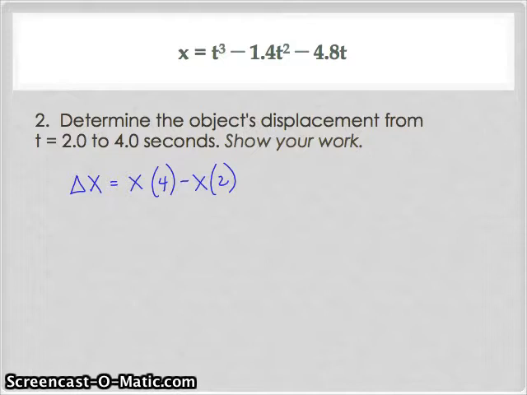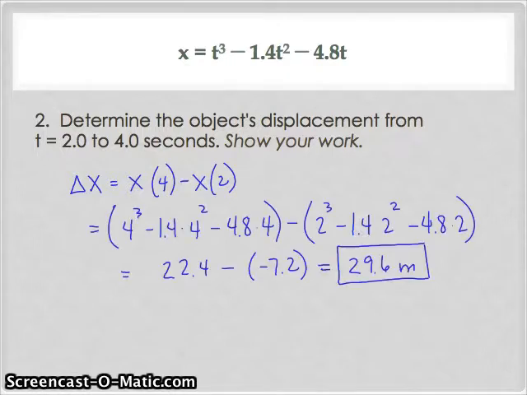That will tell us the displacement, which is generally signified by a delta x. So basically what we did in the last problem, just twice. Okay, doing it for 4 and then also for 2 seconds. And again, that would come out to be a measurement of meters, 29.6 meters.